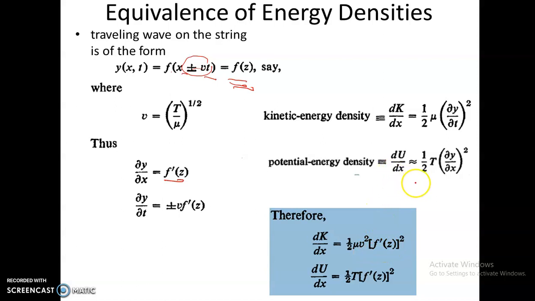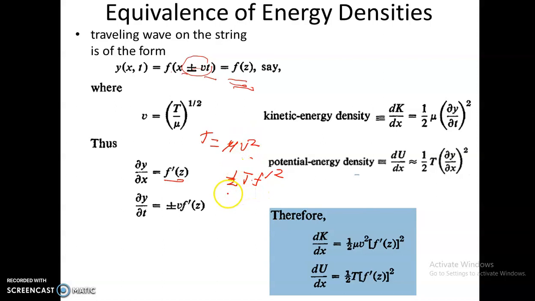The potential energy density, half T into dy by dx whole square, will be half T into f dash z whole square, since dy by dx is f dash z. Now we substitute T equal to mu v square.